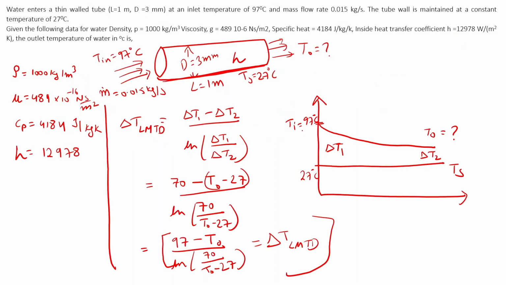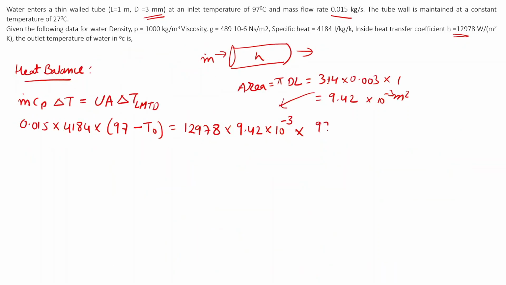The LMTD from the previous slide was 97 minus T naught upon ln of... So we can cancel this 97 minus T naught and just solve this.